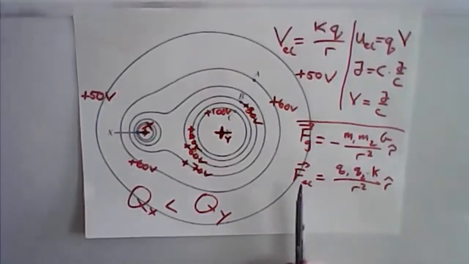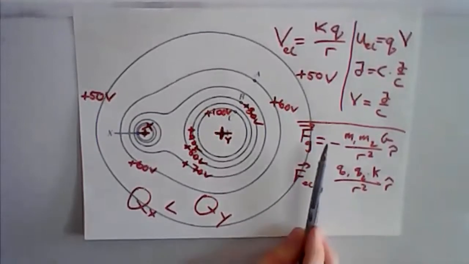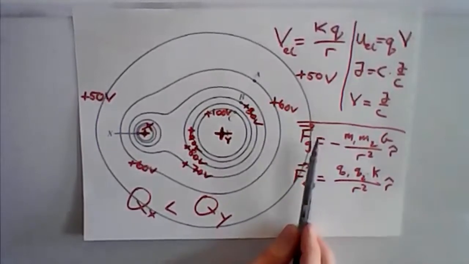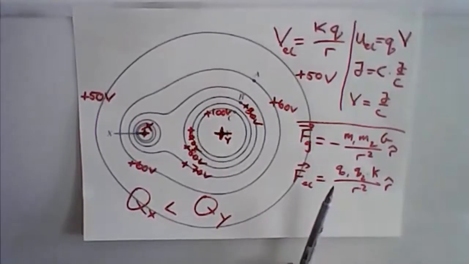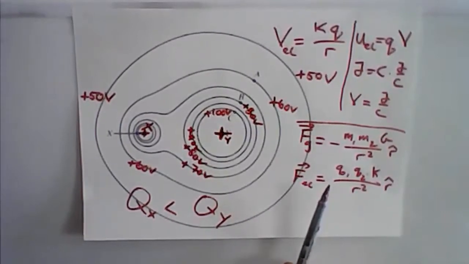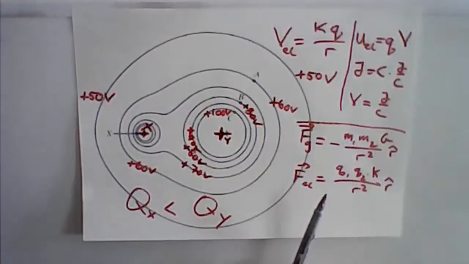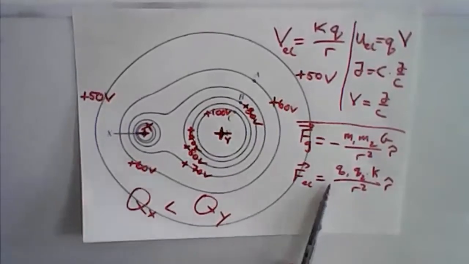Right, because for electric forces likes repel, opposites attract, and for gravitational forces, we only have likes, and likes attract. Gravitational forces, likes attract, that causes the negative sign. And down here, for electric forces, likes repel, so there's no negative sign right there. Okay? So that means everything about gravitational forces behaves just the same as electric forces when you do the math in terms of figuring out gravitational field, gravitational potential, and gravitational potential energy, except there's a change in the minus sign.